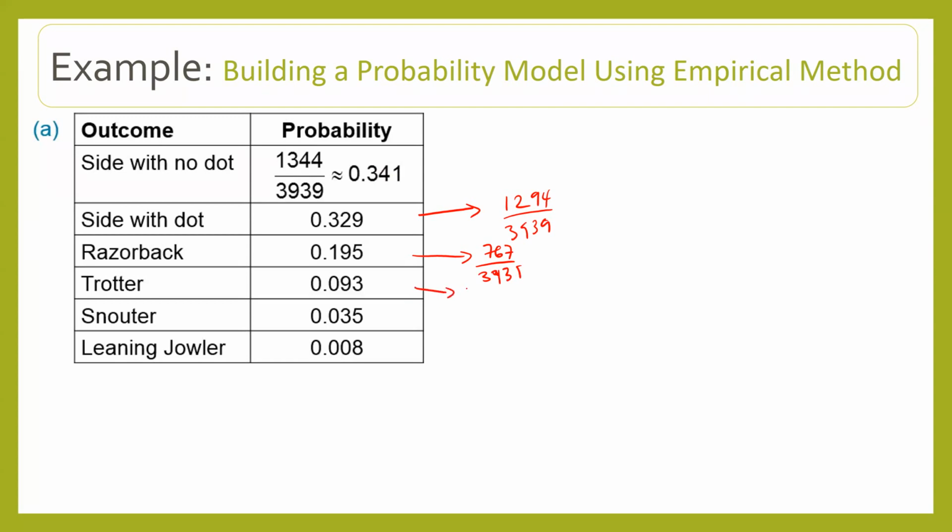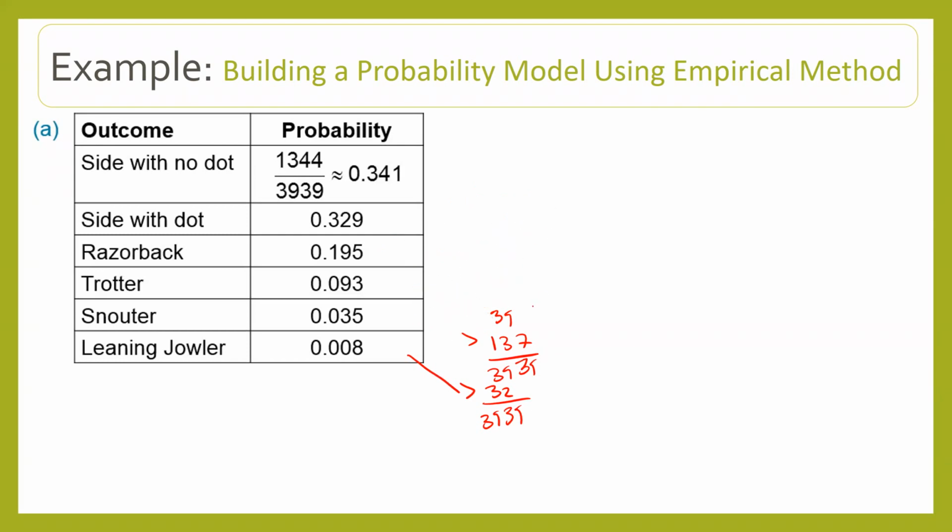This one corresponds to 365 divided by 3939. This one corresponds to 137 divided by 3939. And lastly, this one corresponds to 32 divided by 3939. Then you just use a calculator to get all these probabilities.